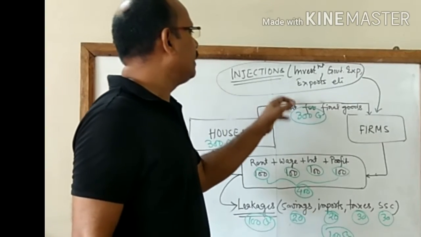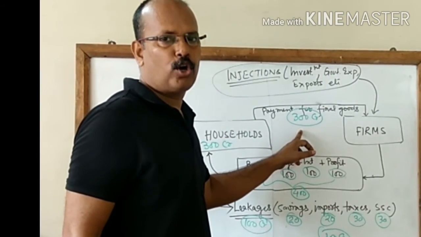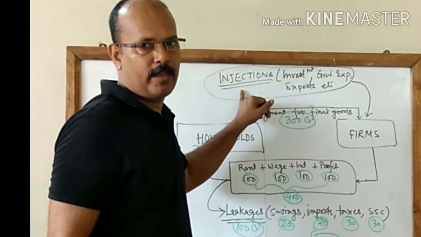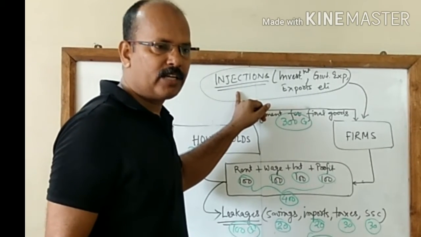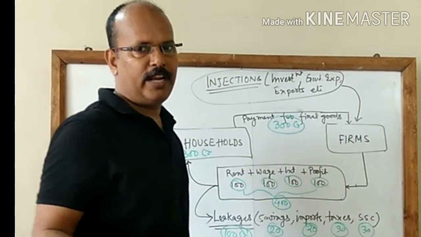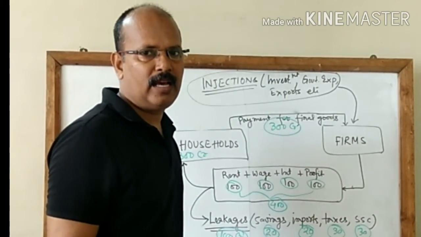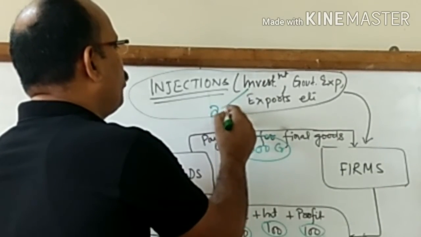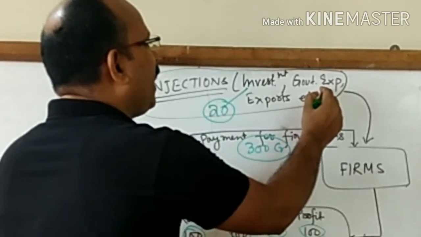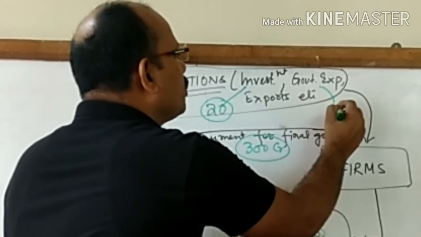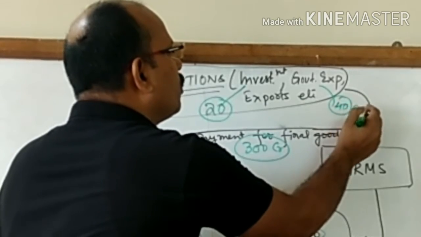Now, this loss of 100 crore rupees will be made up by injections in circular flow of income. Injections mean investment expenditure. Additional investment will be there by the producers. Say for example, investment is another 20 crore. Government expenditure: government is also spending money, say 40 crore.